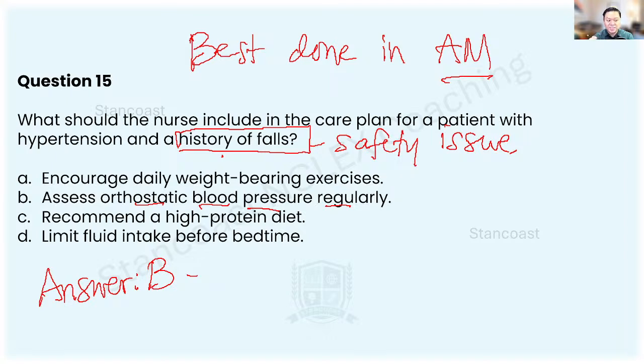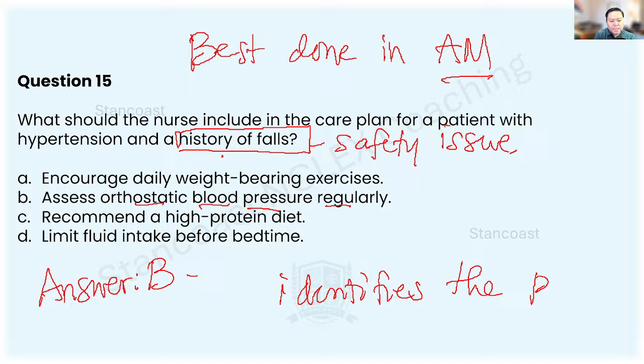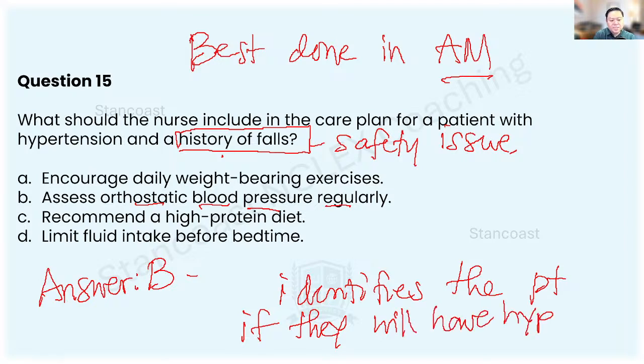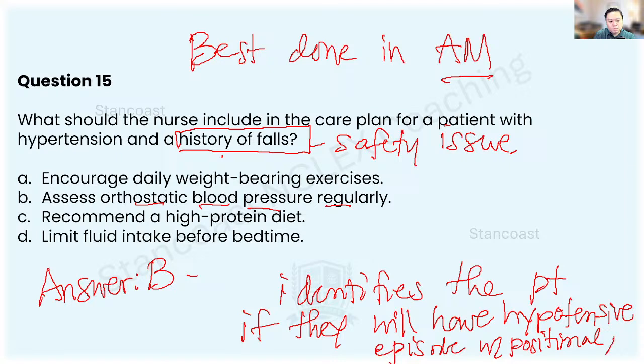So this is basically an identification, okay? Identifies the patient if they will have hypotensive episodes with positional changes. So that's the reason why we're doing the orthostatic blood pressure readings, letter B.